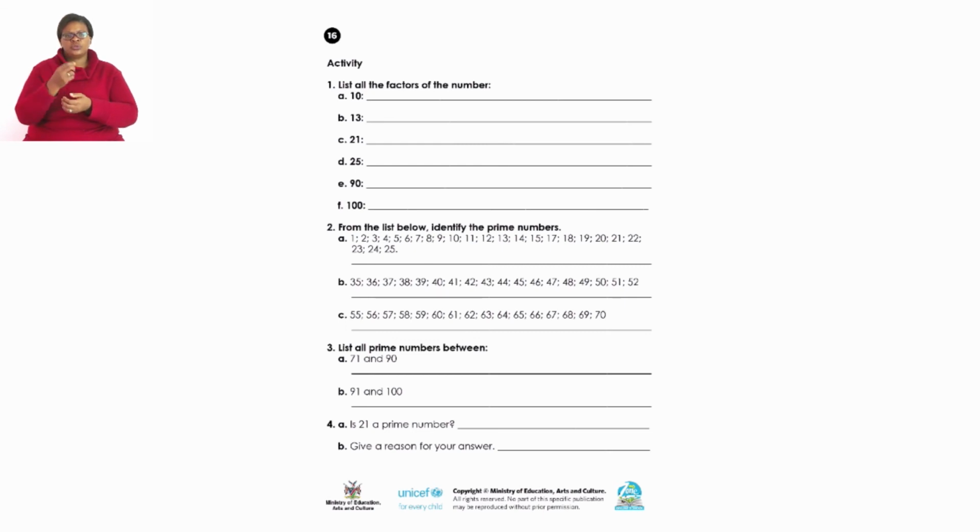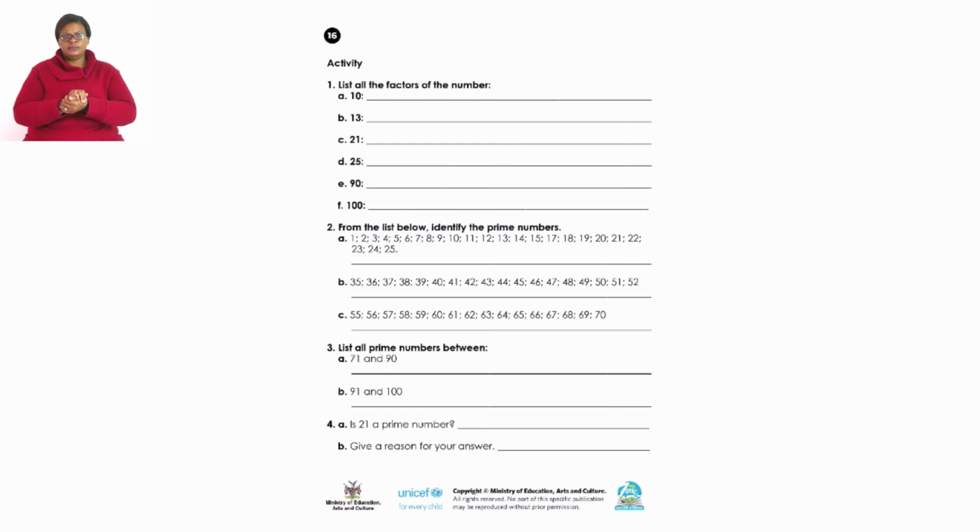The following, from the list below, identify the prime numbers. There are numbers listed there from 1 until 25. You only need to choose which numbers are prime numbers, and then write them in the space provided. You do the same with B and also with C.